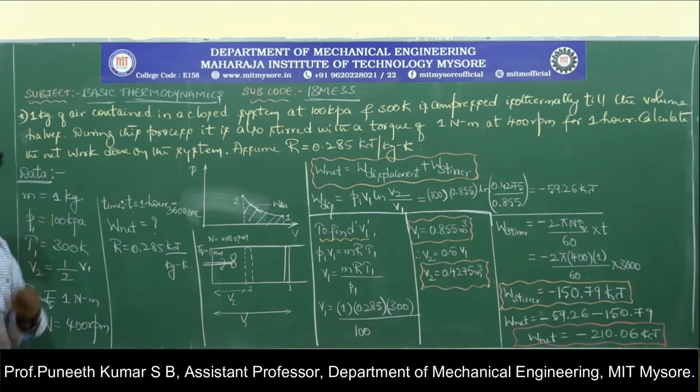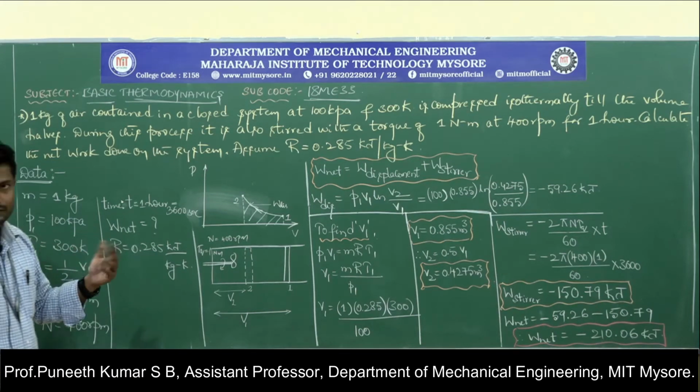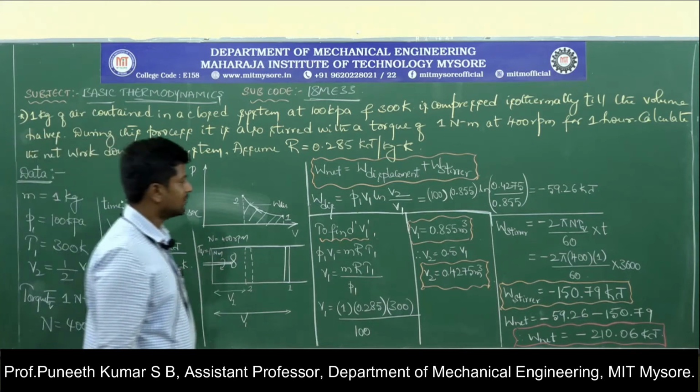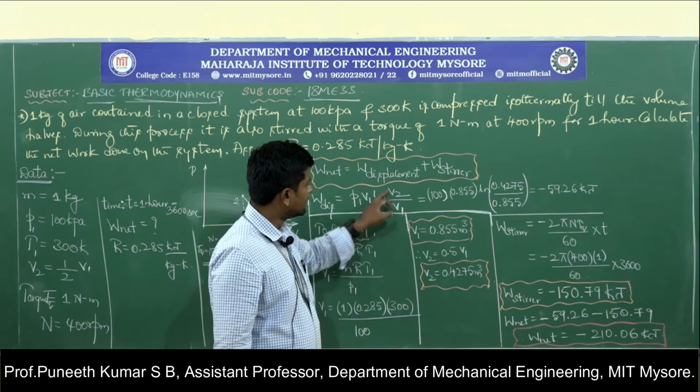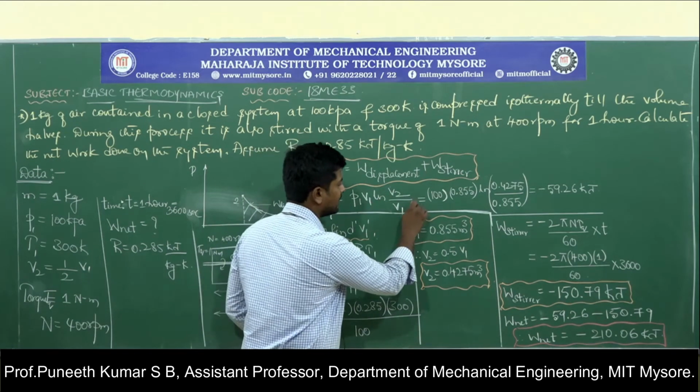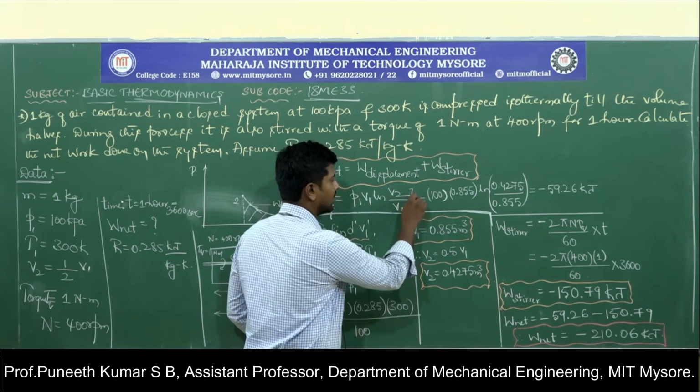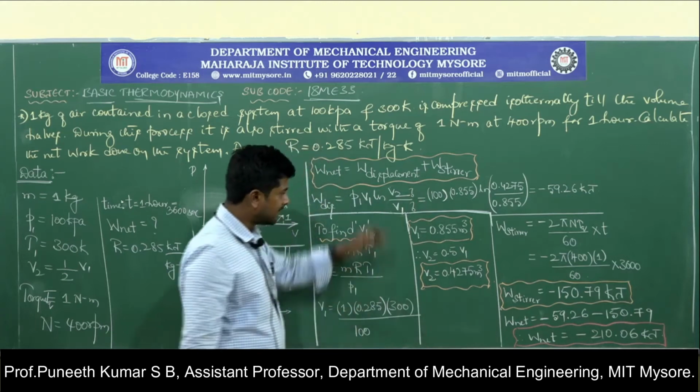Only that relation we know, but we don't know the individual values of V1 and V2. By finding any one of them, V1 or V2, I can find the other volume. So V1 and V2 are both unknown, and we need to find any one.